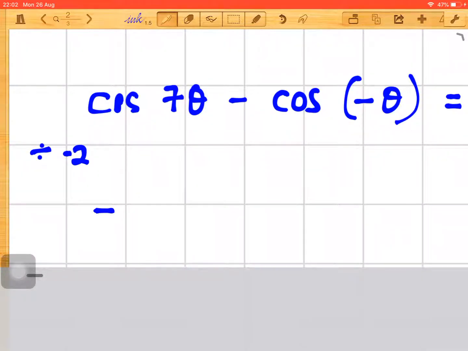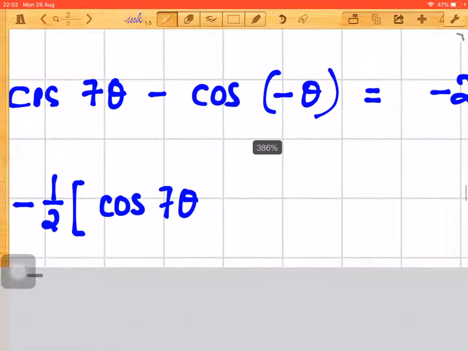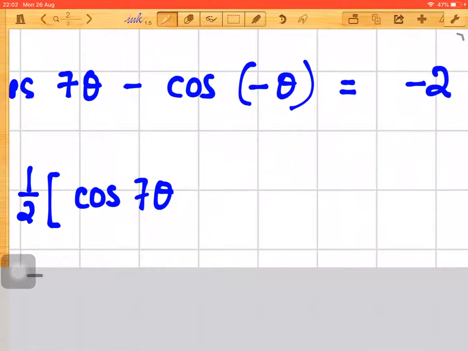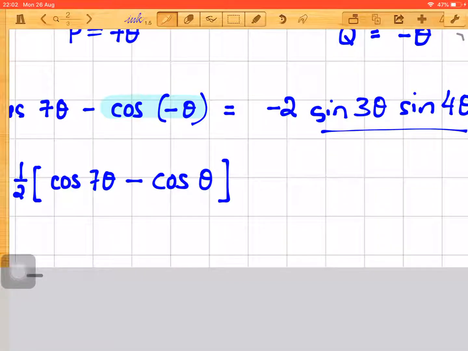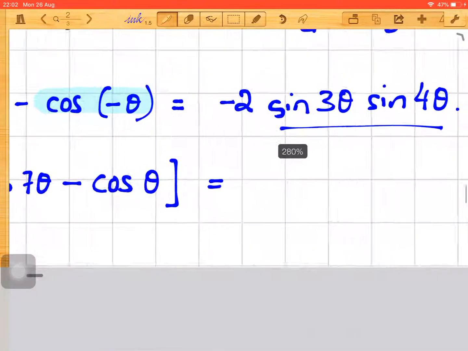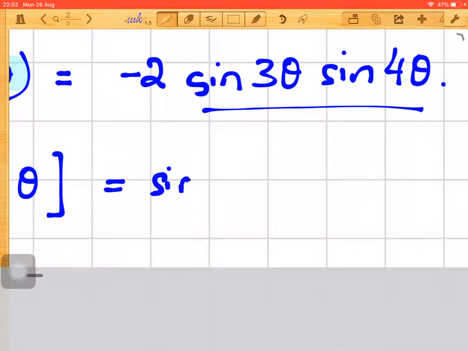So you have negative 1 over 2 cos 7 theta, and this cos negative theta doesn't affect it, and you still get cos theta, equals sine 3 theta sine 4 theta.